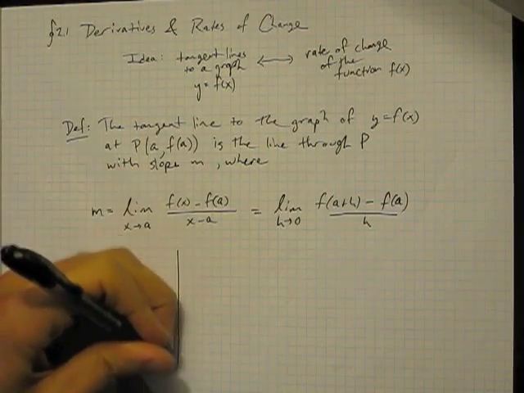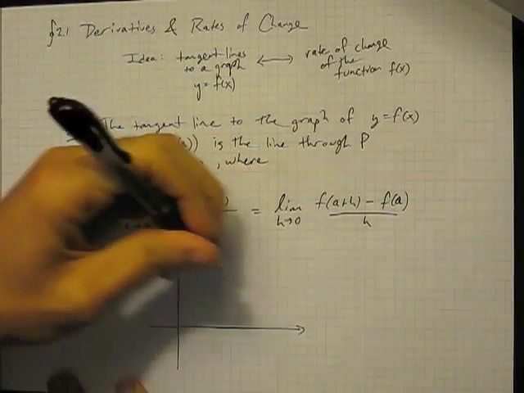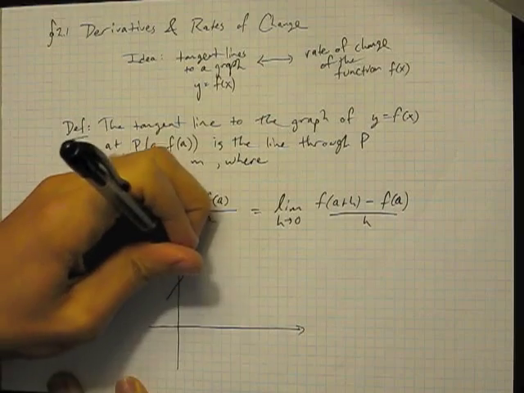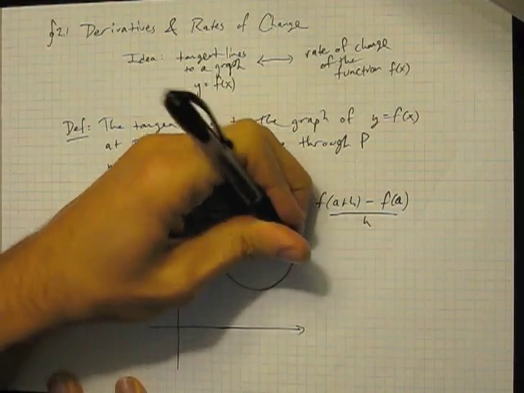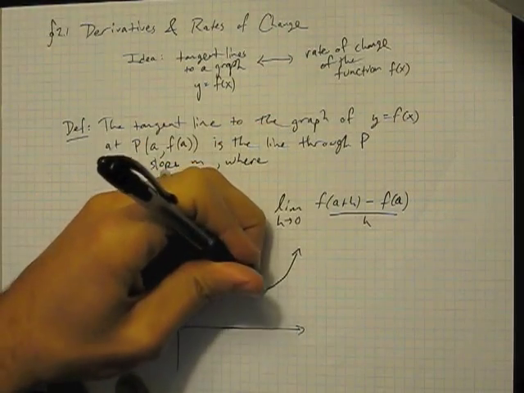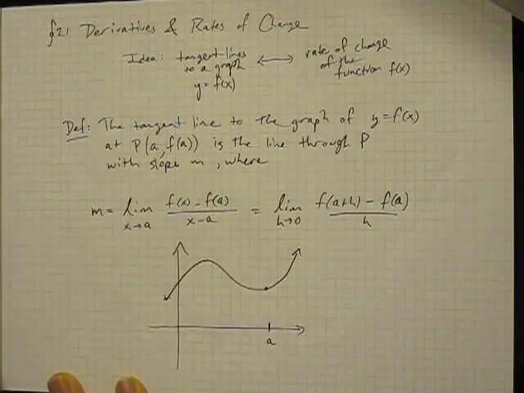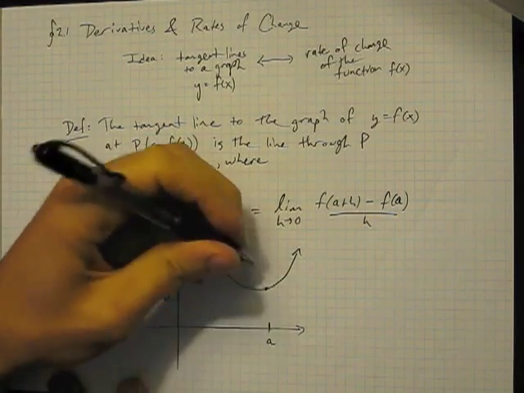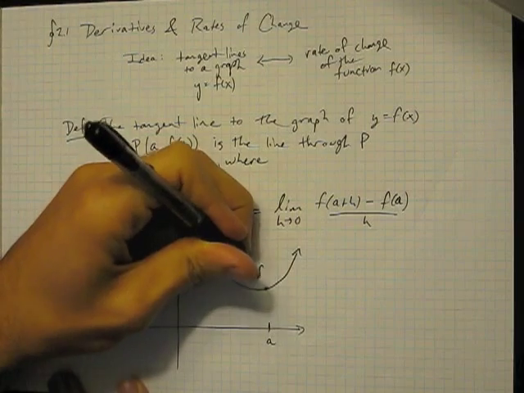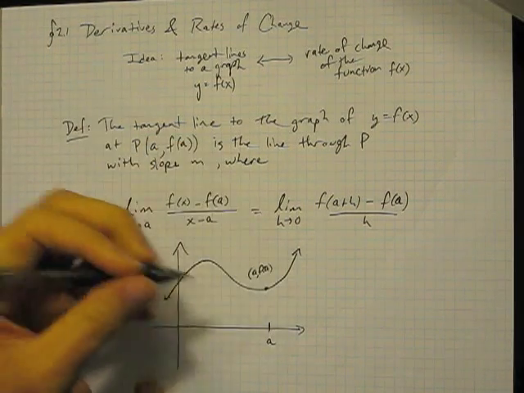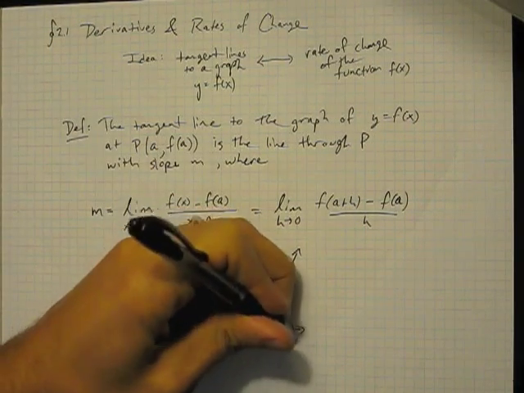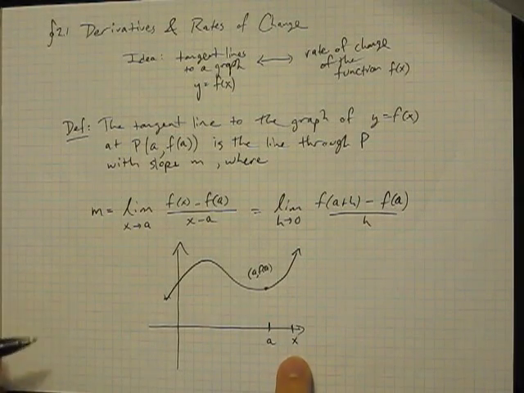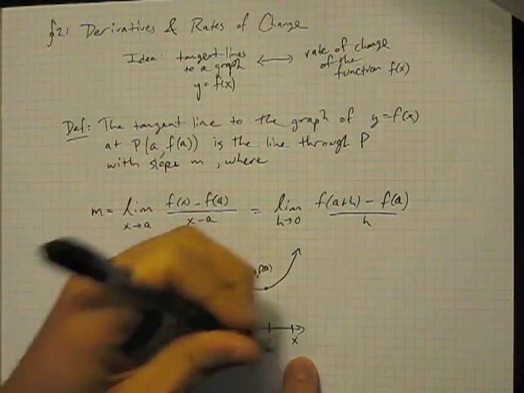Let me give you just a brief idea of why that's true. So here's a function maybe, and here's the point a, and so this point right here is a, f of a. And then here's another point x. Okay, so we're going to denote x. It's just a little bit away from a.